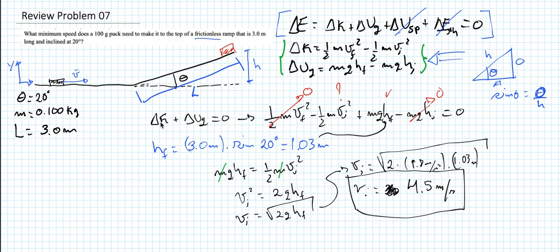So we put the variation of kinetic energy plus the variation of potential energy. We just plug in the numbers. We realize that the height here is just the side opposite the angle. So we can just calculate using trigonometry, and boom, we have the initial velocity that this puck needs to have to go to the top of this ramp.